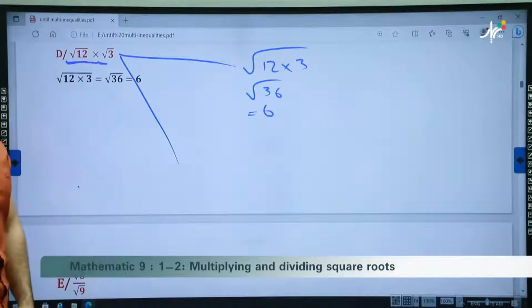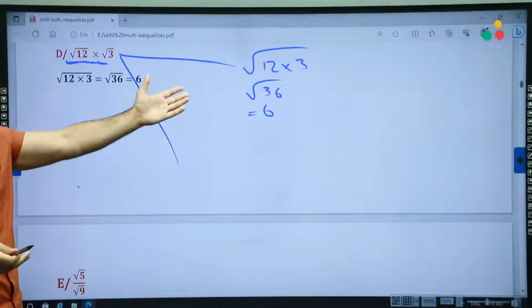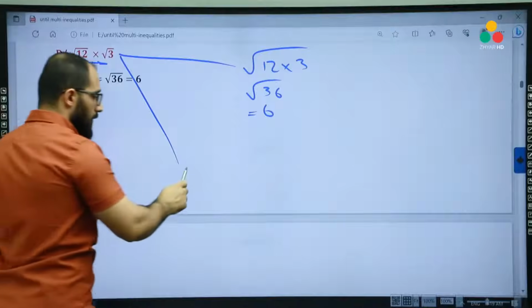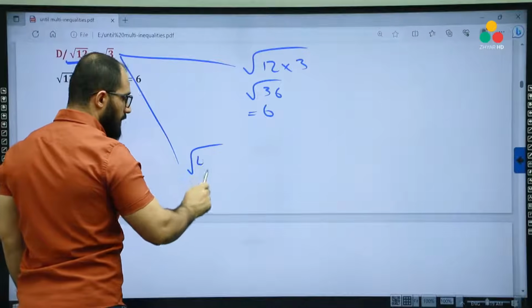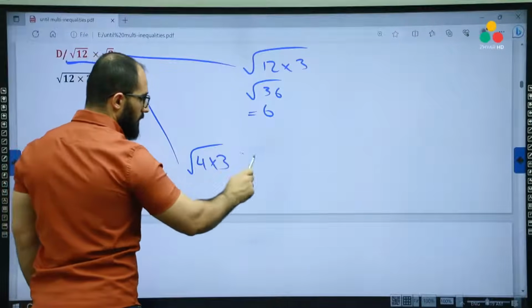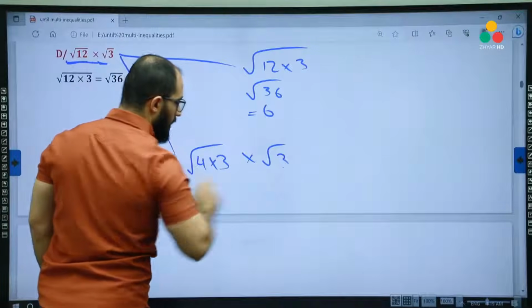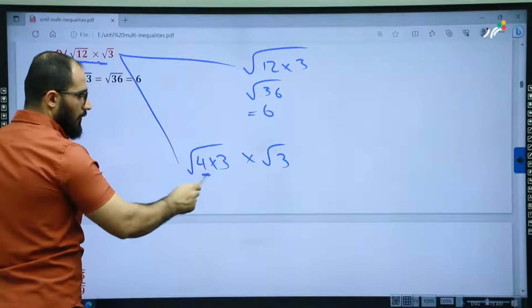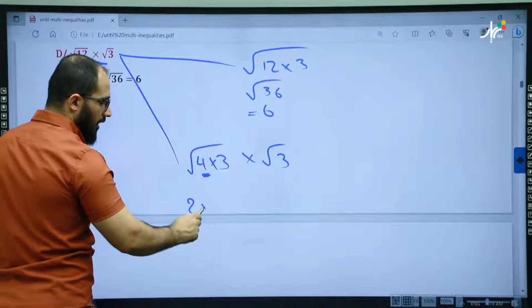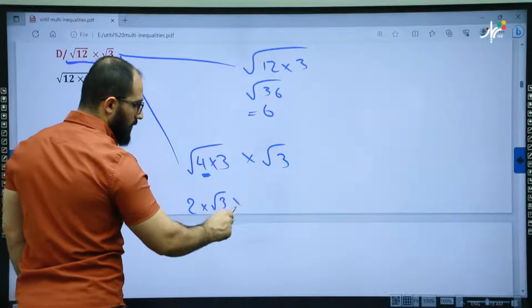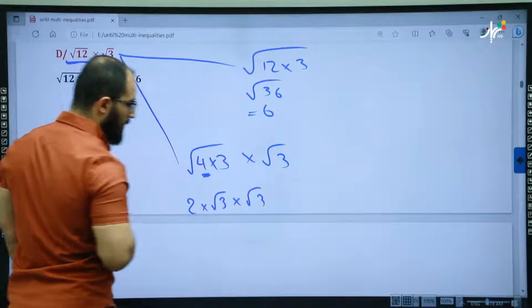Maybe you have another idea. You do not remember that way. You are going to say, I'm going to write 12 as 4 times 3, times the square root of 3. The square root of 4 is 2 times square root of 3 times square root of 3.